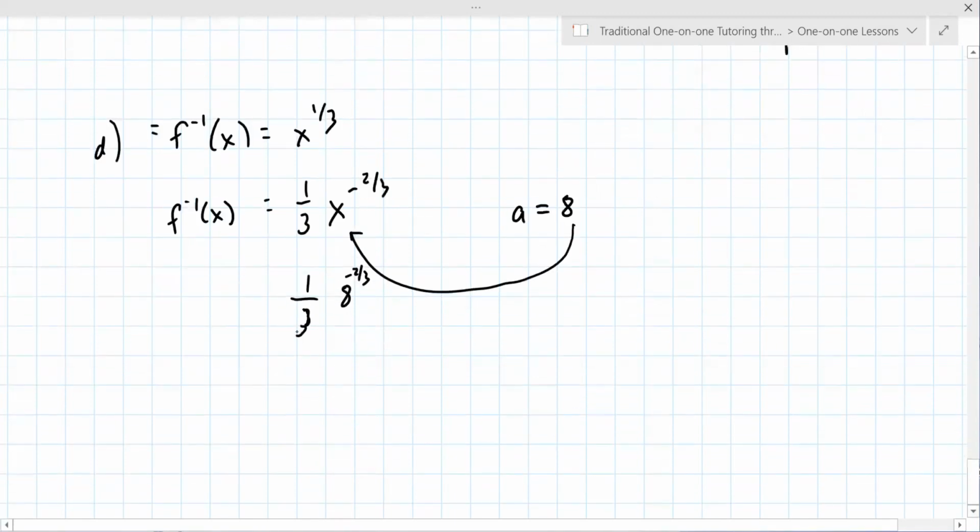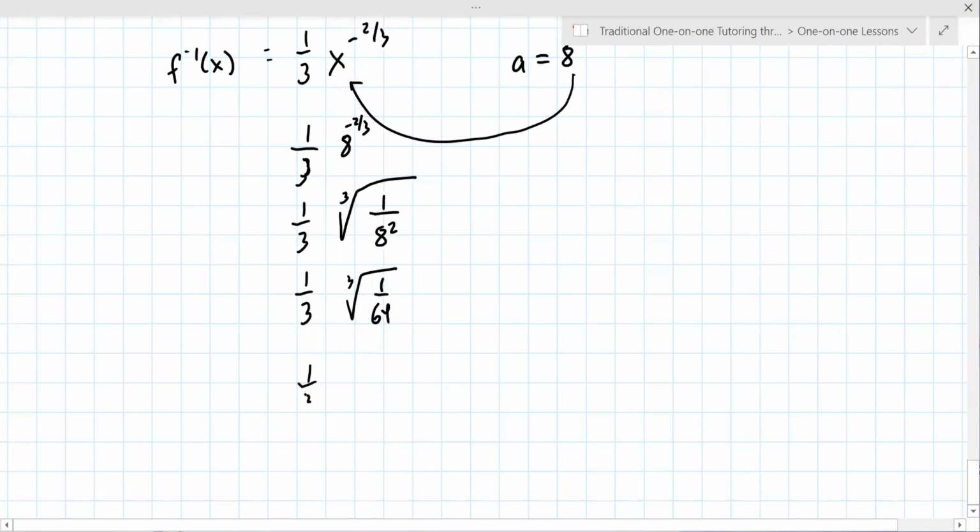That is the cube root of 1/8 squared, which is the cube root of 1/64, which is 1/4. You would know that 1/3 times 1/4 is 1/12. Yeah, it matches. And you're like, yeah, that's great.